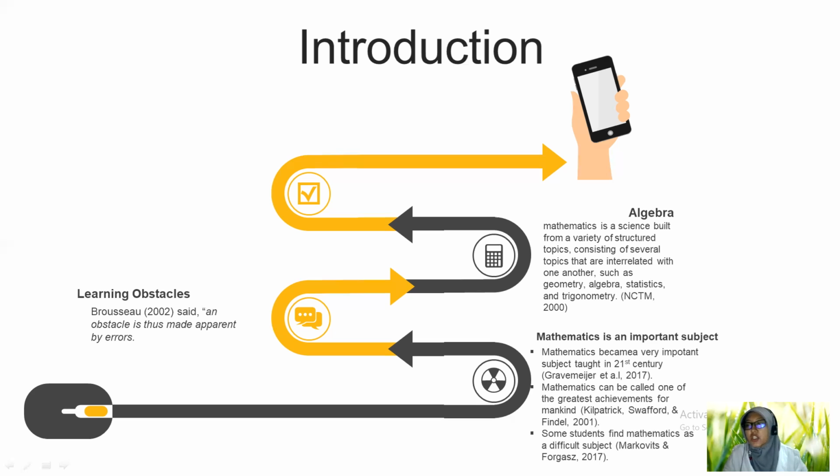From this explanation, it appears that algebra is one of the basic concepts that build mathematics. Therefore, mastering algebraic calculation is necessary when we want to master other mathematical topics.